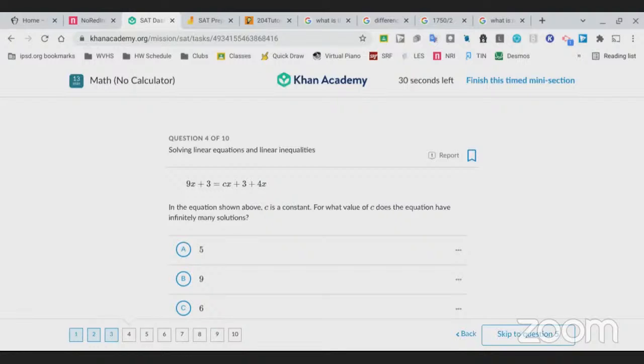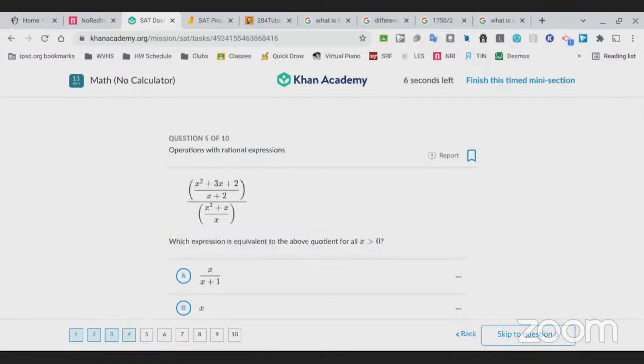So you want them to be the same. It'll have an infinite number of solutions if the left side and the right side are equal to each other. So what would C have to be for the left and the right side to be equal to each other? 5. Good.